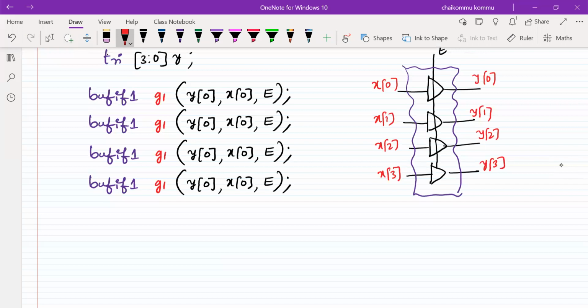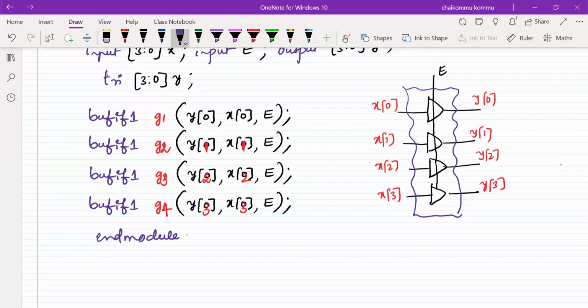This is 1, this is 2, this is 3. This is 1, this is 2, this is 3. So this is 2, this is 3, this is 4. Finally, we need to write endmodule. Is it clear how I have written the 4-bit buffer?